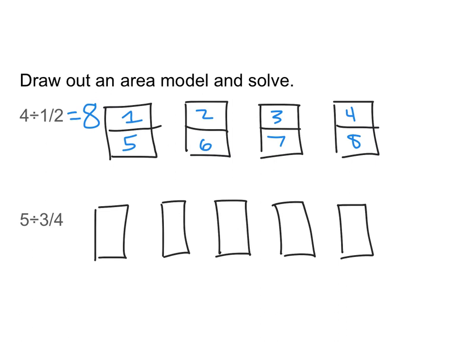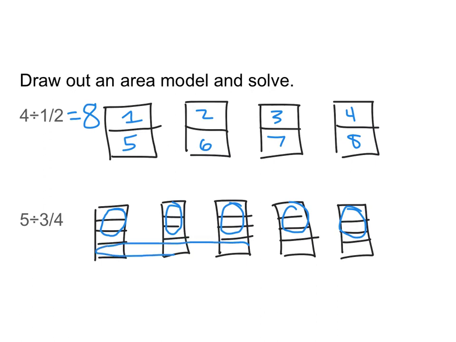The second one, I started with 5 wholes, and I needed to break these up into fourths. Then I needed to make bundles of 3/4. So here's 1 right here, 2, 3, 4, 5. And I need, oh, that one makes a 3/4.